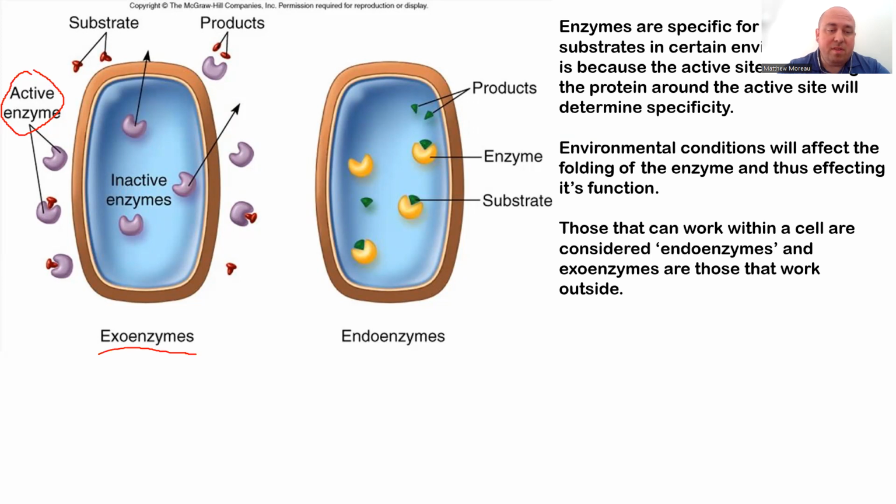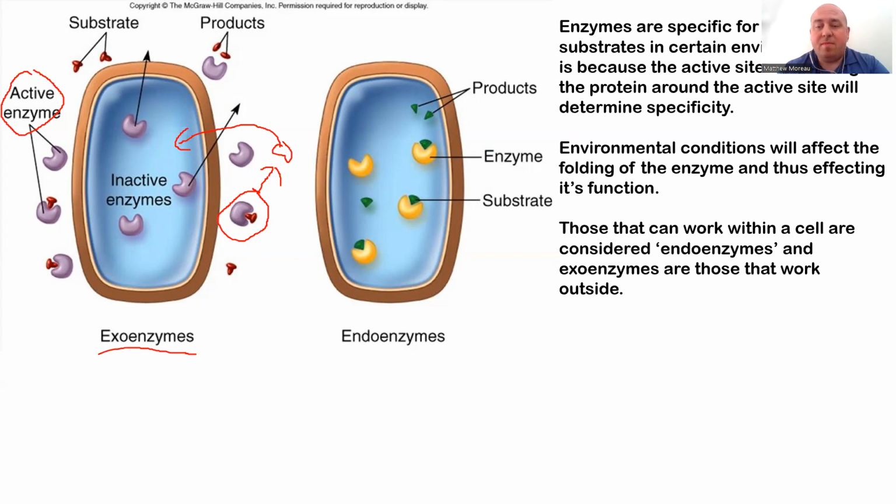So the concept here is that these things will have an active site specific for their substrate. The substrate breaks things down, and then the product that is broken down can be shuttled into the cell either by reception or simple diffusion. And these are not very common.